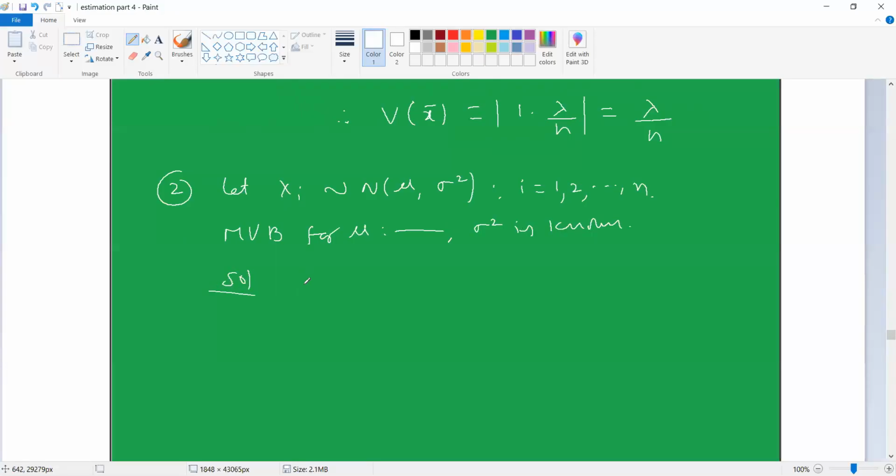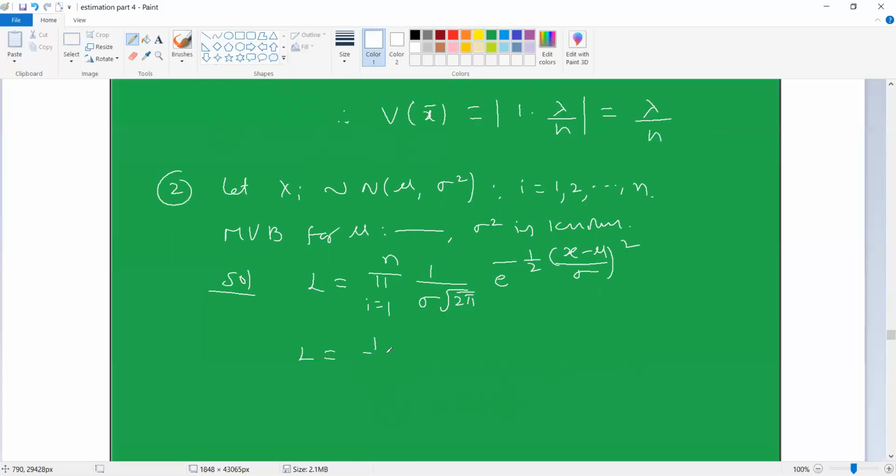Solution. The likelihood function is the product for i = 1 to n of 1 by sigma root 2 pi, directly substituting the PDF, e to the power minus half ((x minus mu) by sigma) whole square.